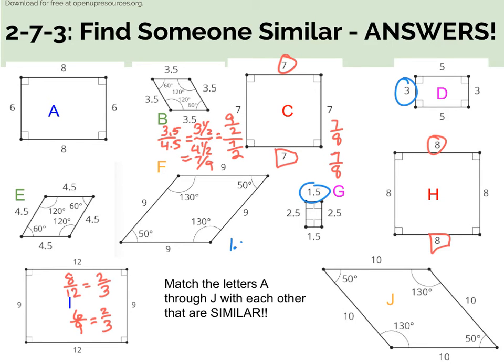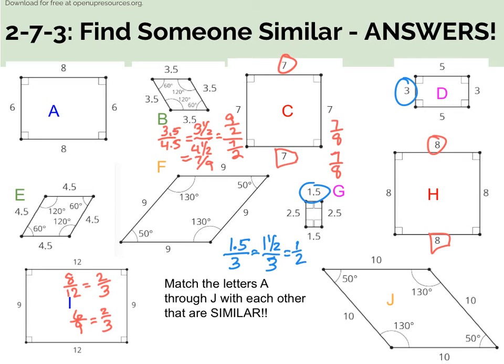So we're going to do 1.5 divided by 3, that's 1 and 1/2 divided by 3, press enter, and we want to make sure it's simplified all the way down to 1/2.